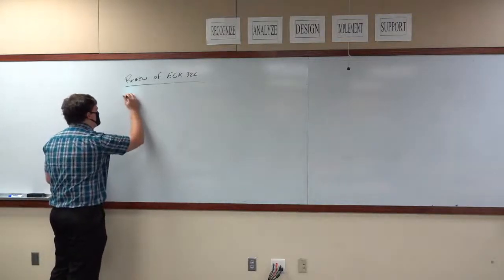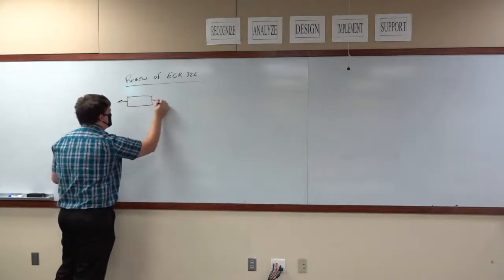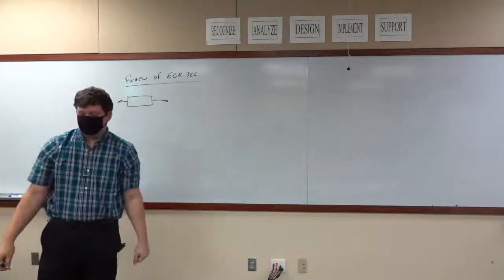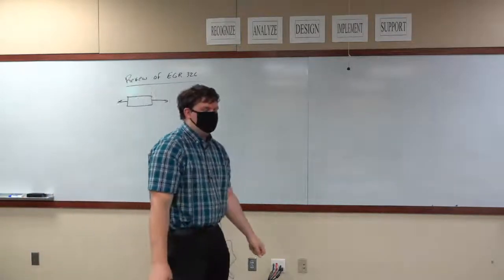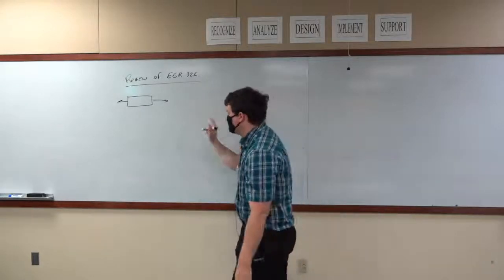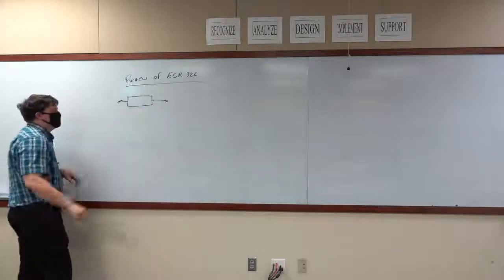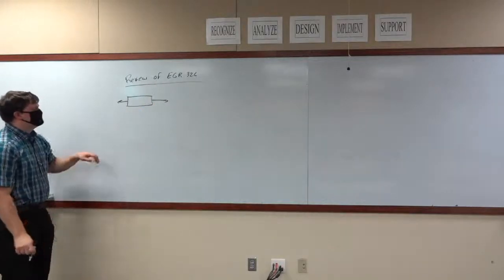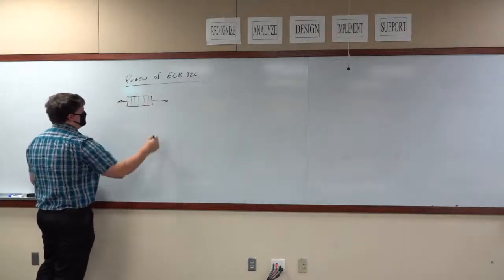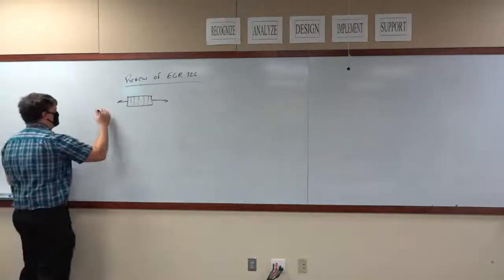What we're going to start with is, let's say I take a section like this and I pull on it like this. First of all, this is called a tensile force because they're pulling outward. This tensile force is normal to the cross section here. So what we're going to call it is a normal force.